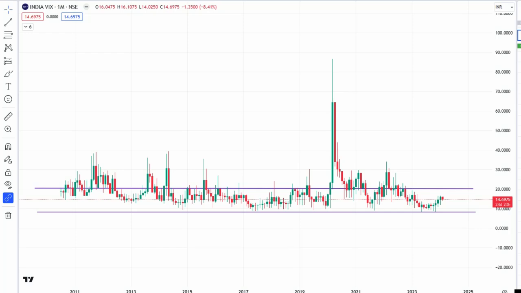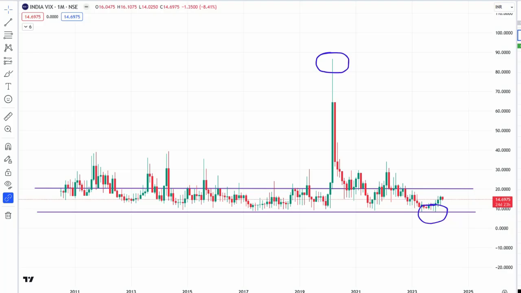If you look at the value of the India VIX on the charts, so we have taken a monthly chart here. The lowest value is 8.1 and the highest value is 86.5. Now, what is the significance of this value?